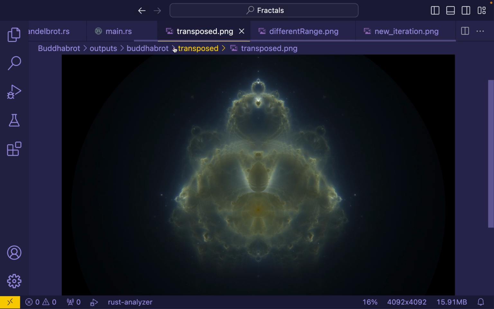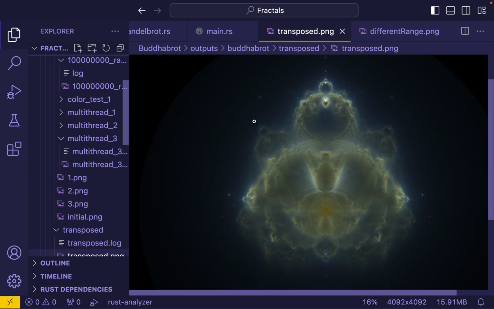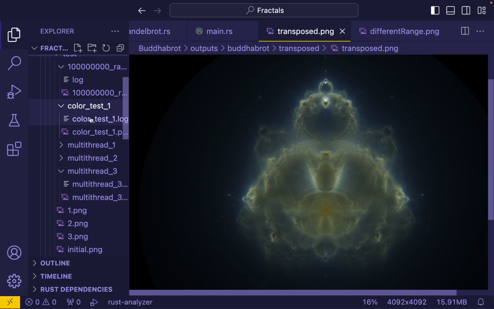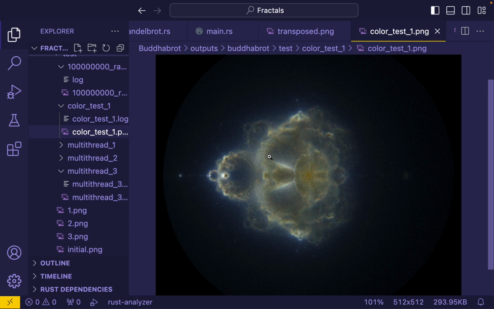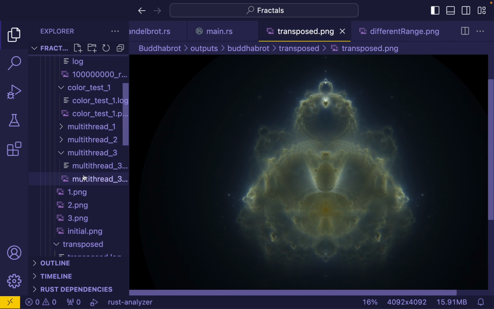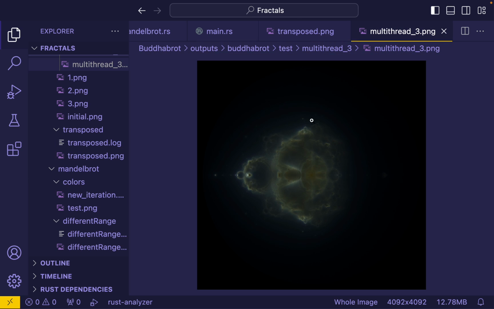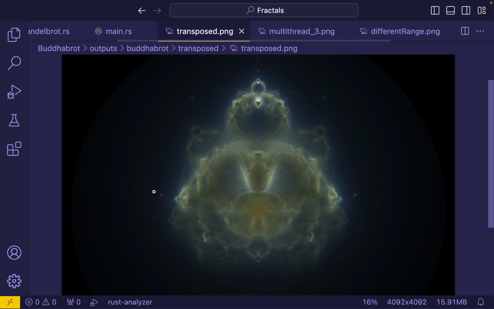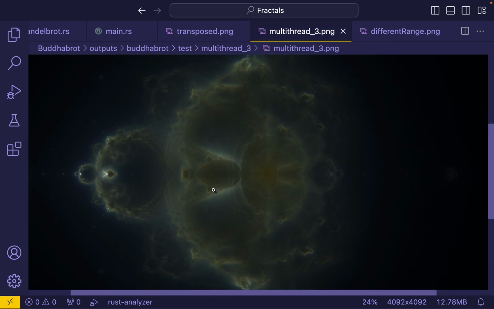I also had to try to make this brighter, because the very first colored image looked like this. And this image is actually based directly off of this, but I made it brighter, and also I rotated it 90 degrees just to make it look more like Buddha.